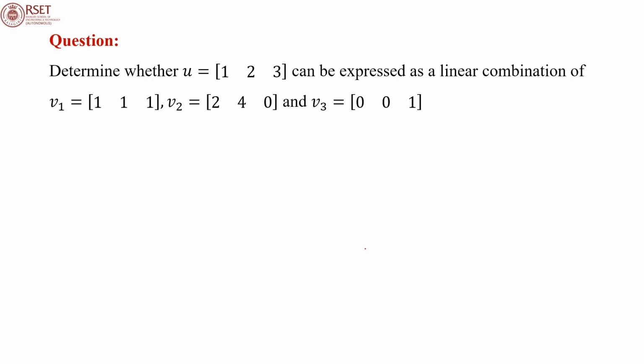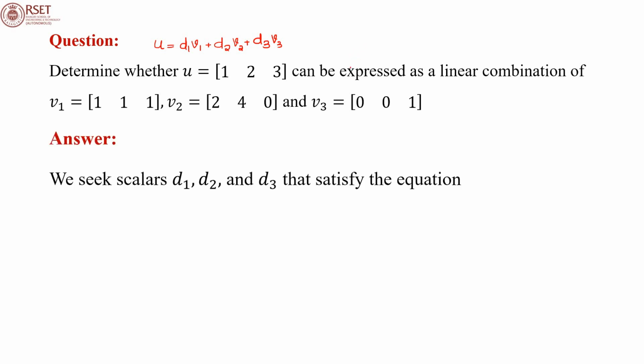Determine whether u is equal to (1, 2, 3) can be expressed as a linear combination of v1, v2, v3 given as follows. We can say that this vector u is a linear combination of these vectors v1, v2 and v3 if there exist scalars d1, d2 and d3 such that u is equal to d1 v1 plus d2 v2 plus d3 v3. So our aim is to check whether there exist scalars d1, d2 and d3 of this form.